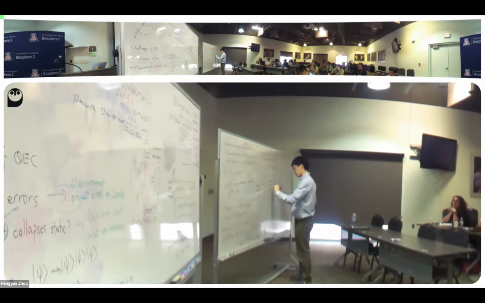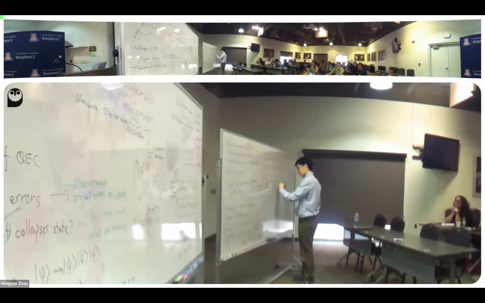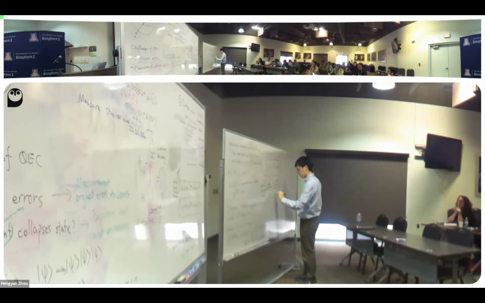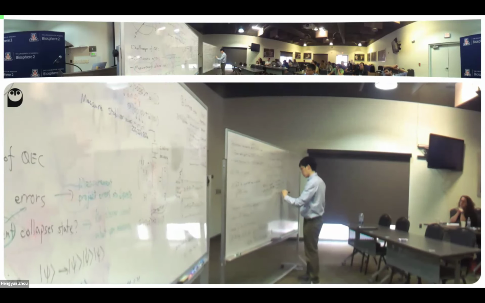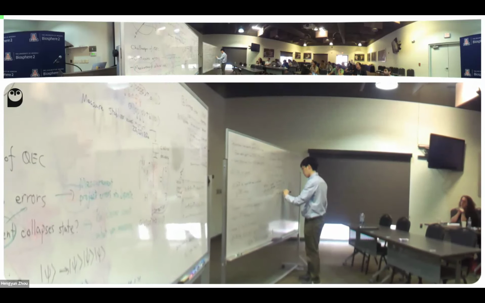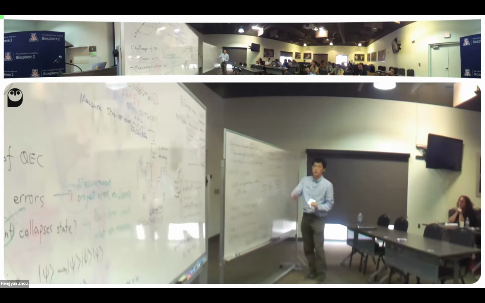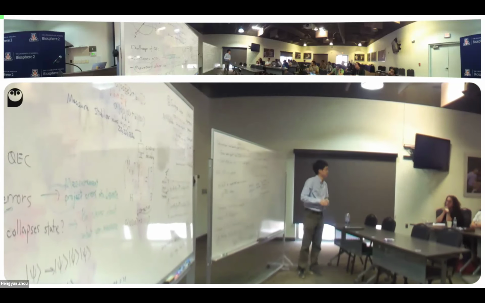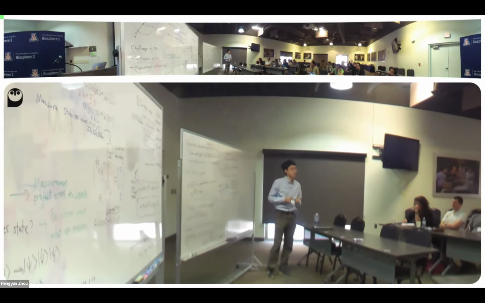And the more specific definition is that it's the minimum weight logical operator. Which in this example, I told you that this particular choice of logical representative is the minimum weight one.